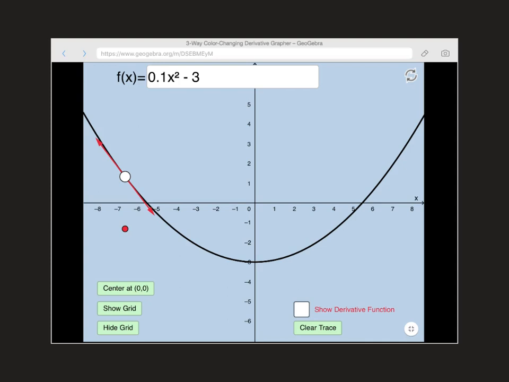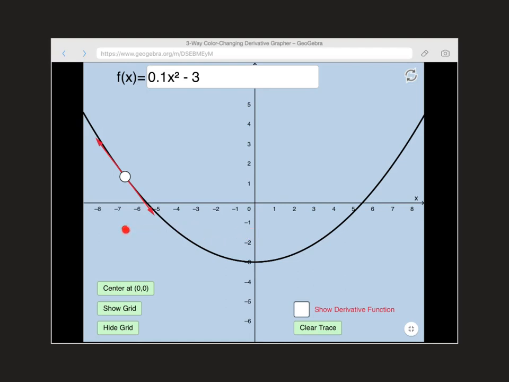So we've got a parabola there, and at that big white point on the curve, you can see that it's got a red tangent, and GeoGebra is going to calculate the value of that tangent for us, and you can see that sitting exactly underneath that graph is a red dot. So the current gradient of that line, according to GeoGebra, is that this slope here is in fact roughly 1.5.